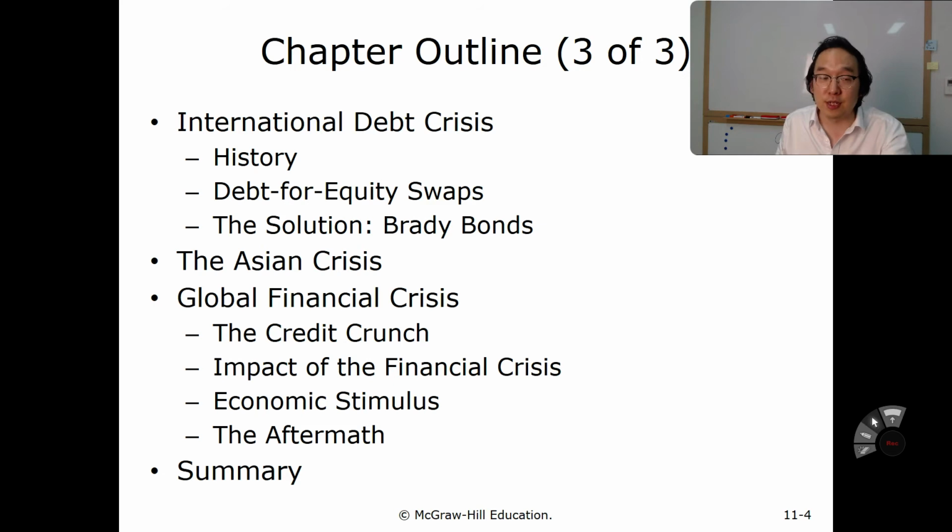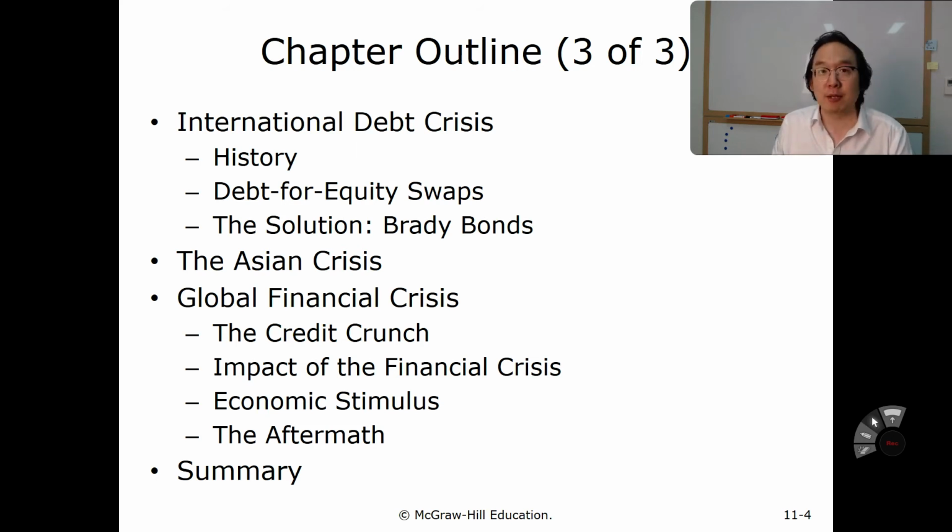For example, Brazil or Argentina, if they suffer from currency crisis, and then there has to be some restructuring of the debt, and somebody has to buy that debt. Who's going to buy it? Because investors will be avoiding such high risk debt, but the U.S. government comes in over there and then partially guarantees it. So encouraging the buyers to purchase this. So that's one solution called the Brady bonds.